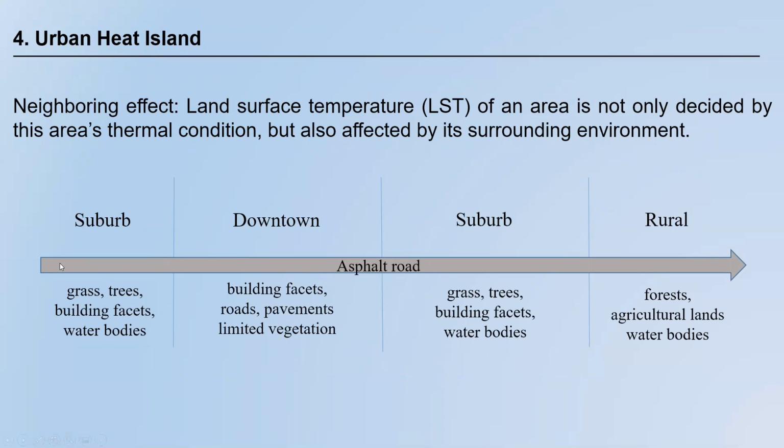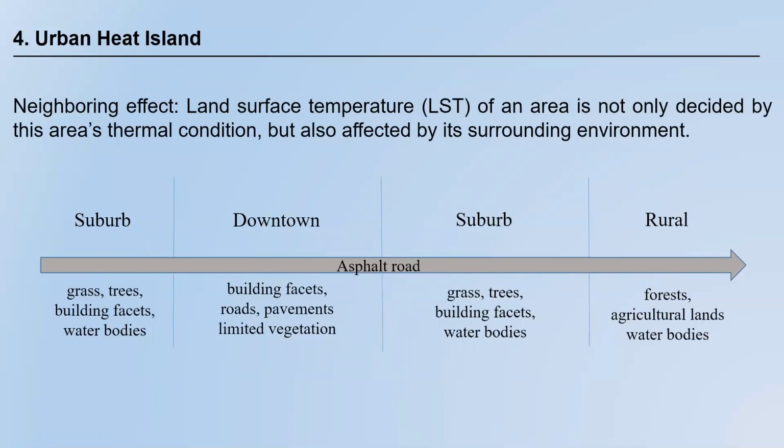For example, we have a very typical asphalt road going through this whole area, which includes suburb, downtown, and the rural area. Okay, so we just assume that this road is addressed by multiple pixels, right? And we assume that for all these pixels for this road, they all have the same percentage ISA.